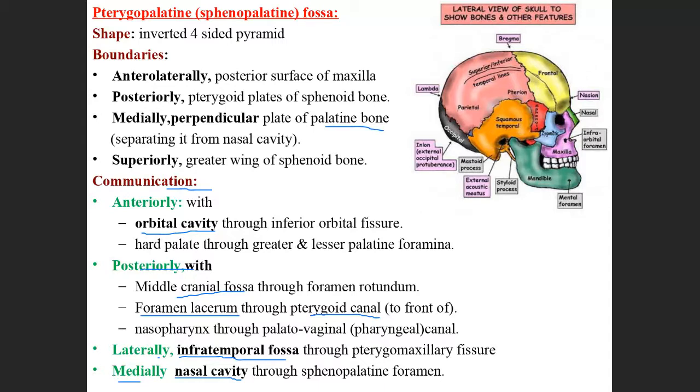If there is any damage near the area of the eye, or if any muscle is damaged here, at the same time this area is connecting to the orbit. That is why you should know these communications.